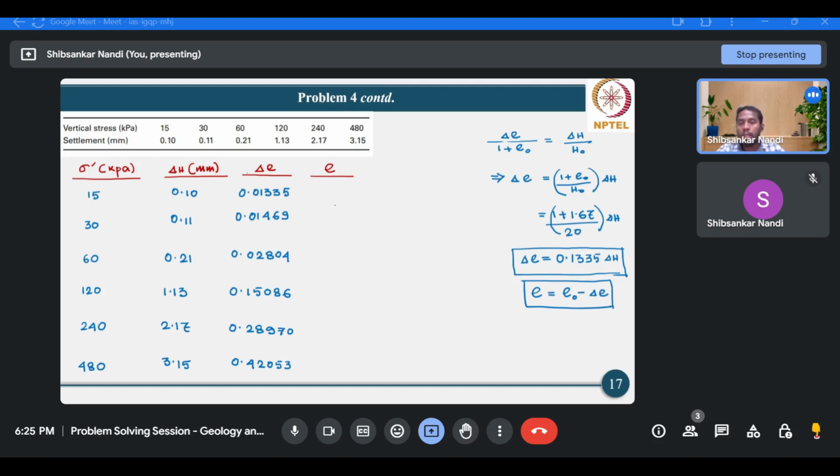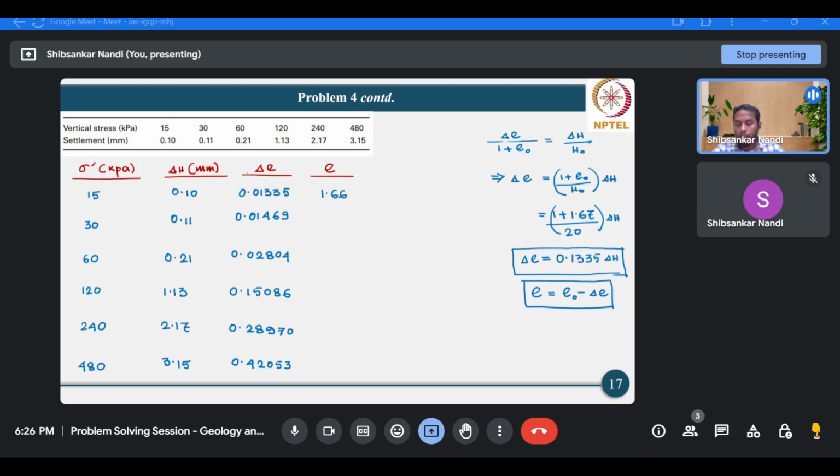And please be careful that all these changes are measured with respect to the initial value before consolidation, therefore we are deducting this delta e from the original void ratio value. So for the first load increment, at the end of this 15 kPa stress increment, the e value would be 1.67 minus 0.01335, that is 1.66.